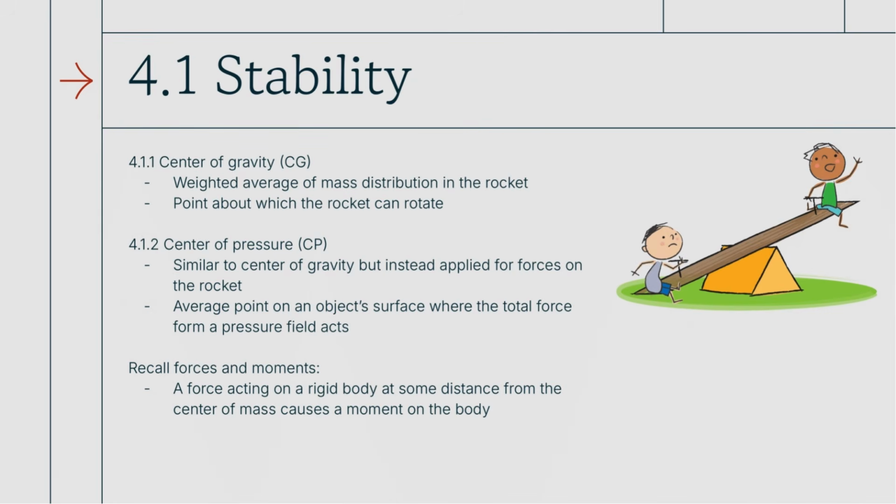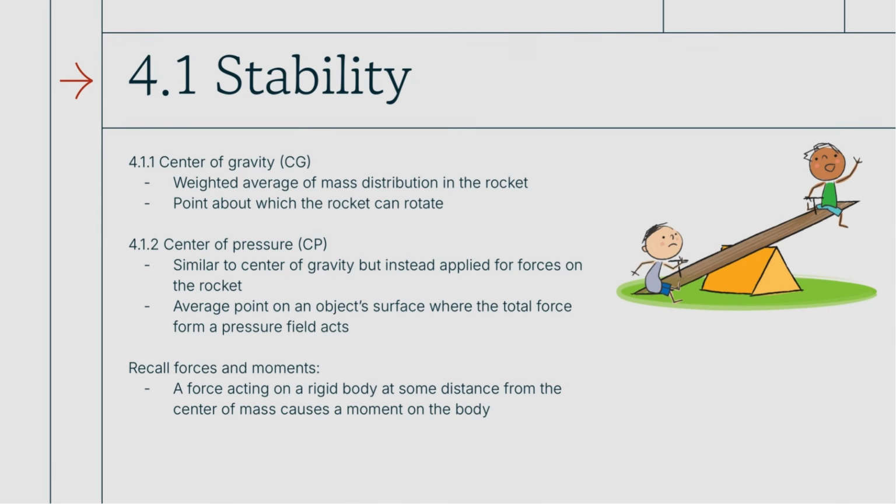But as soon as I act perpendicular or at some distance from that center of gravity, from that rotational point, I induce a moment. So, for example, that's why the thrust, as long as it is in line with the rocket, doesn't really cause the rocket to rotate in any way. However, a wind gust is acting sideways on the rocket, and so it can cause the rocket to rotate.